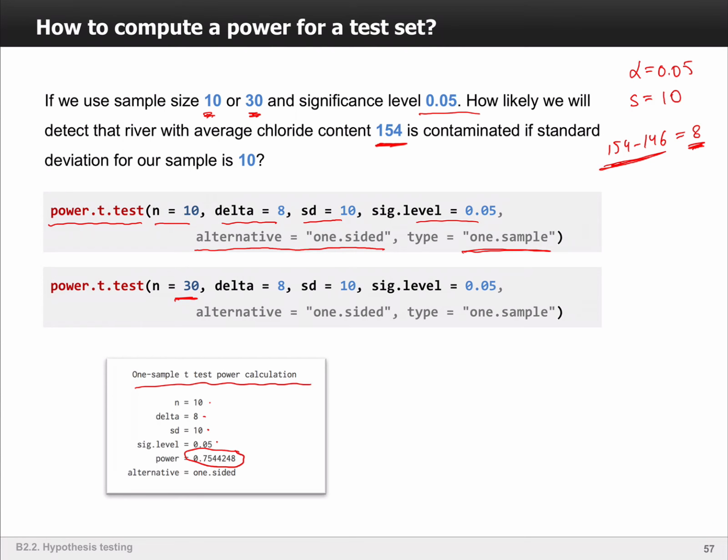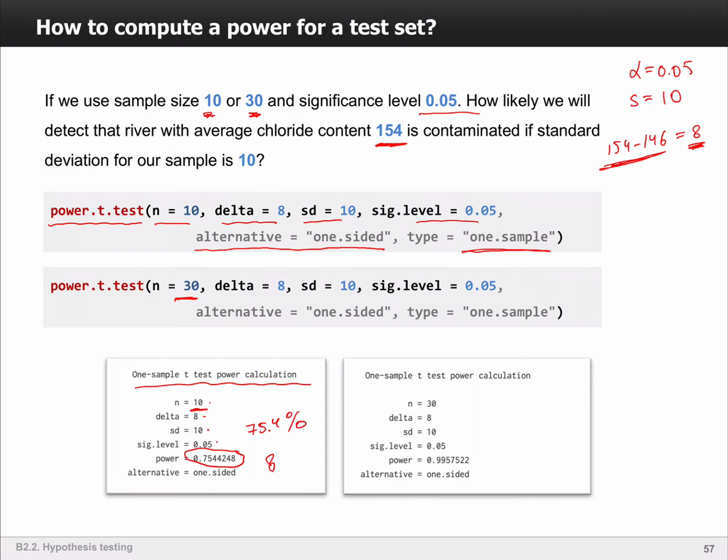So 75.4% chance to see this effect, where the true contamination is larger by 8 milligrams per liter, if the sample size is 10. What happens if we use sample size 30? In this case, you see the sample size 30, and the chance is 99.6%. Look, a little bit larger sample, and the chance is almost 100% for this particular size of effect.